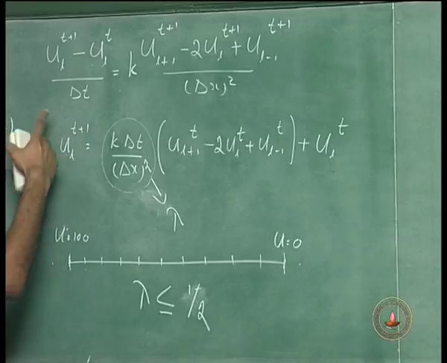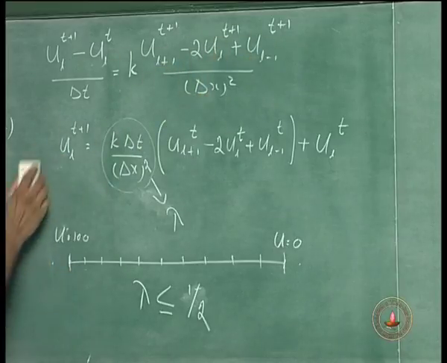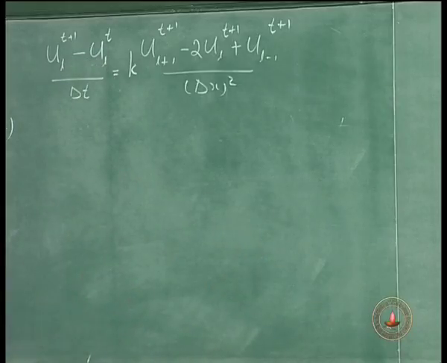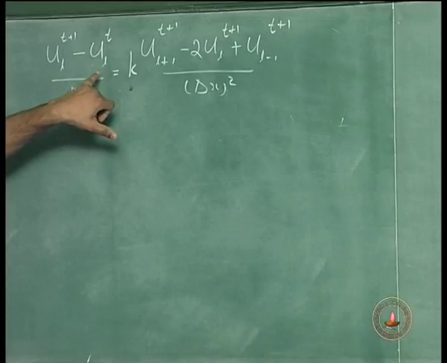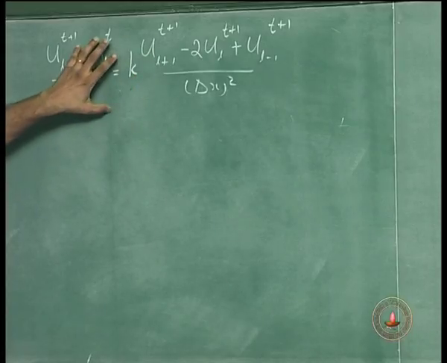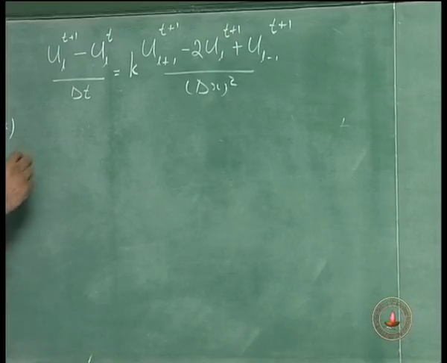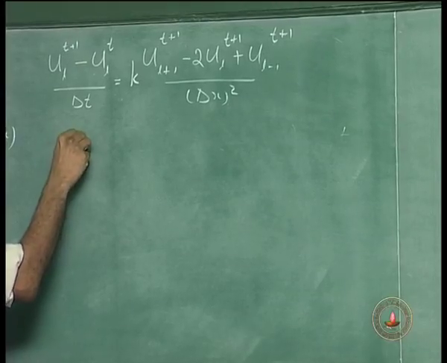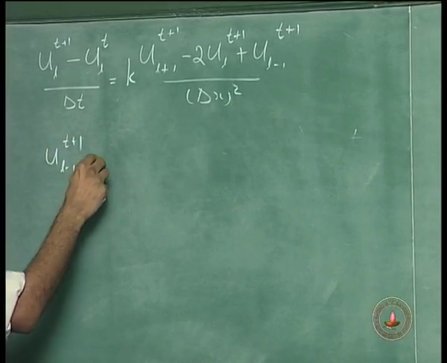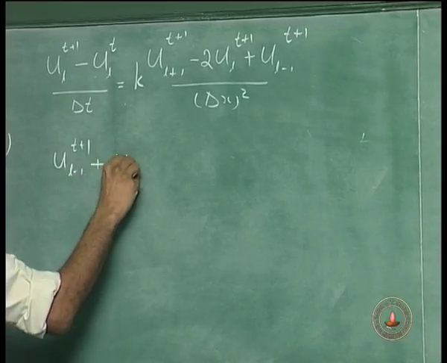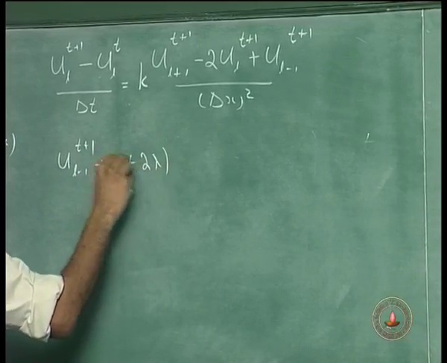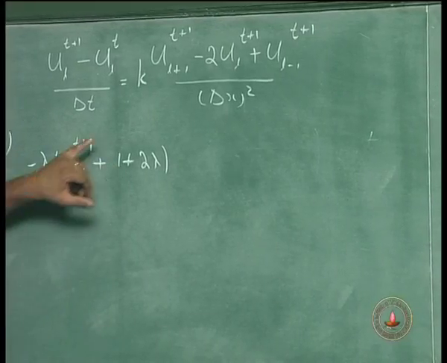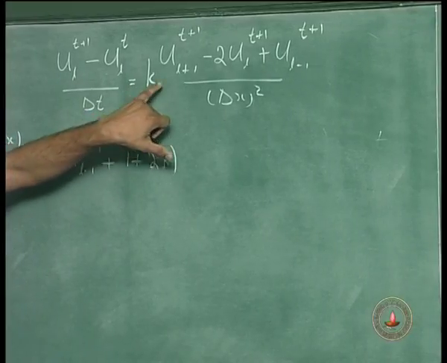But now we have the right hand side evaluated at time t plus 1, so when you write this equation separating the t plus 1 and t variables, remember lambda is k delta t by delta x square.